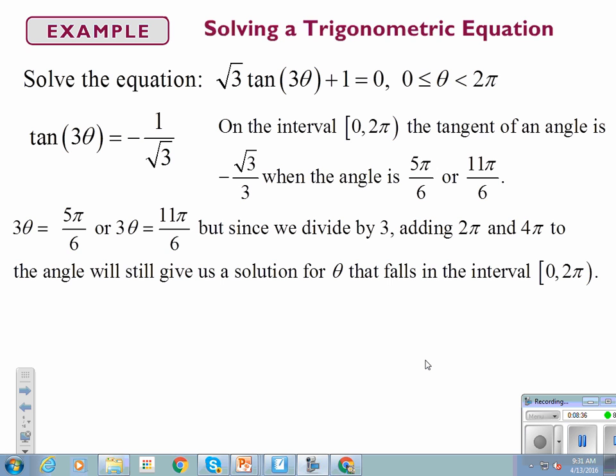If this part is confusing to you, go ahead and graph it and make sure. It's really easy to get the first couple, which would be 5 pi over 18, because we divide that by 3. And then make sure you get the other ones that are hanging out there.